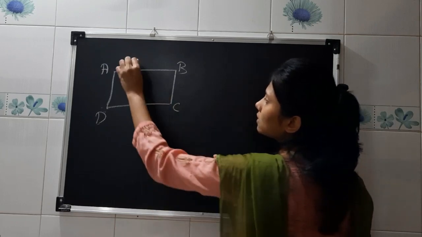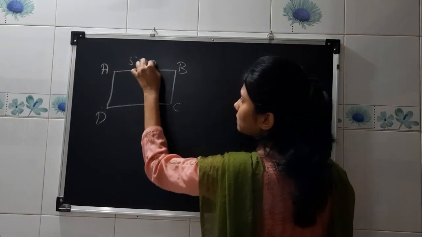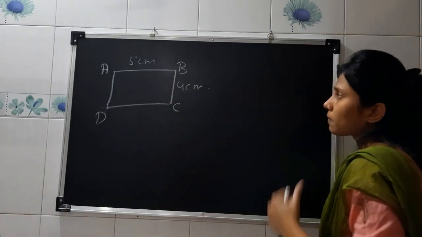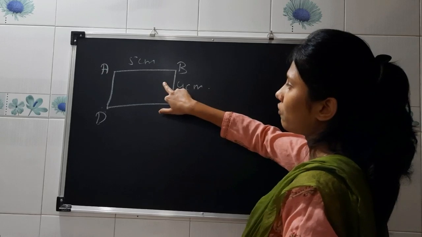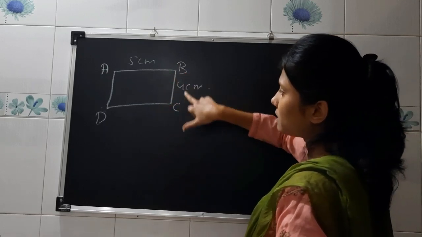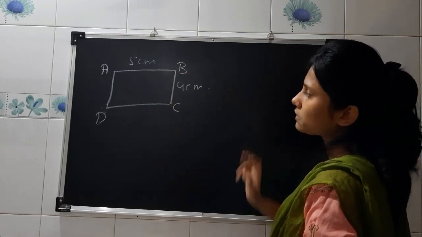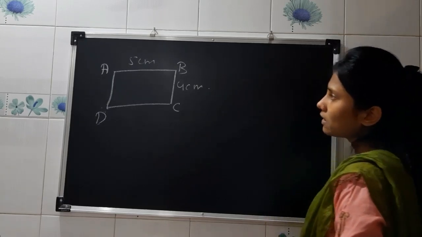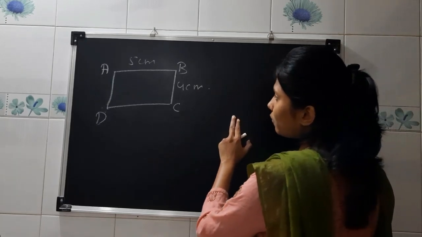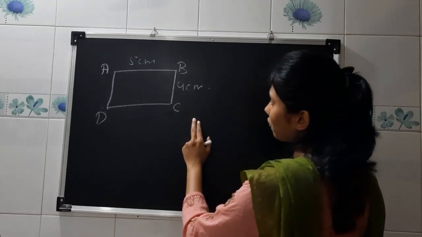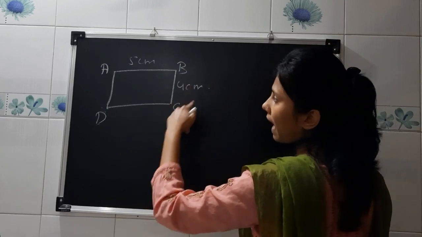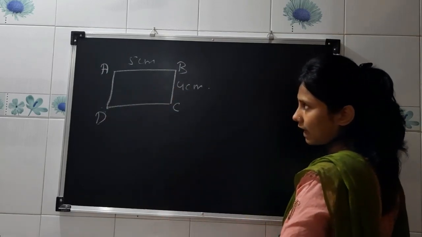Now, suppose this is 5 centimeter, 4 centimeter. The length of the rectangle is 5 centimeter and the width, that is breadth, is 4 centimeter. Now, usually, for finding perimeter, we add all the sides of the rectangle.